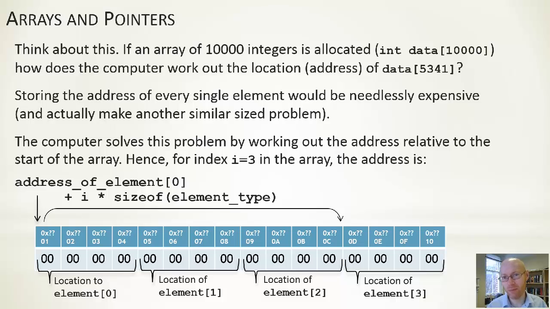Going through thinking about this, you can't really have a lookup table, as it introduces similar types of problems, but we can use simple arithmetic to do this by having the start location within memory, knowing the size of each of the elements, presuming they're the same, multiplying that by the index, and then adding that onto the start, and we then calculate the location in memory that corresponds to that particular sought index.